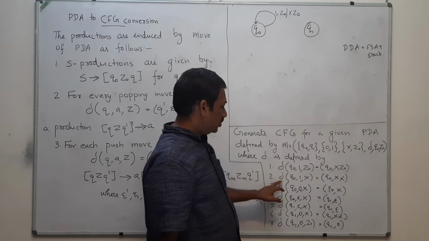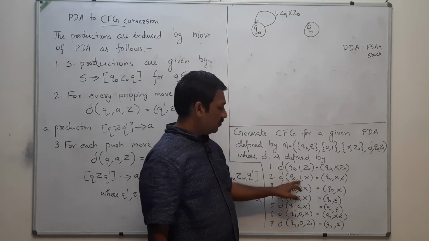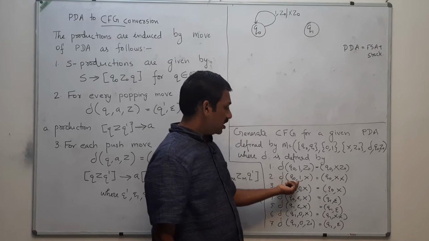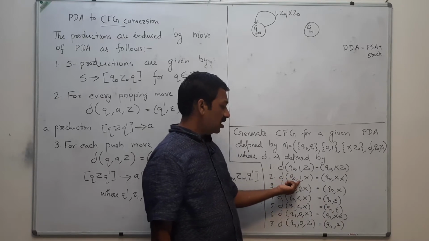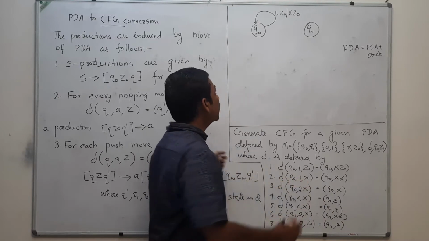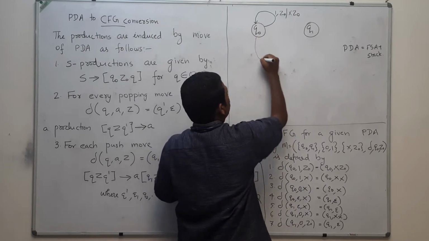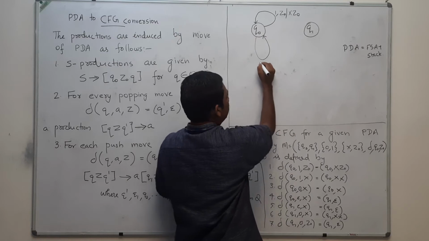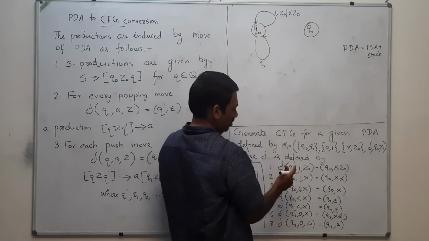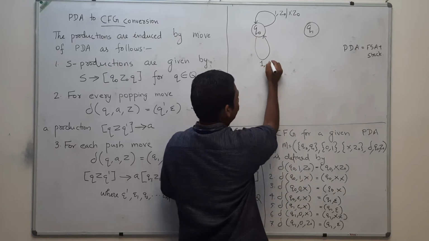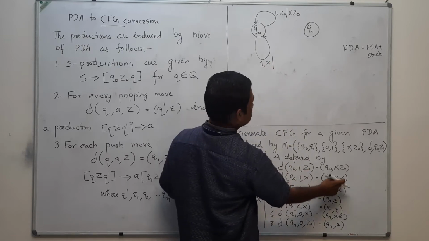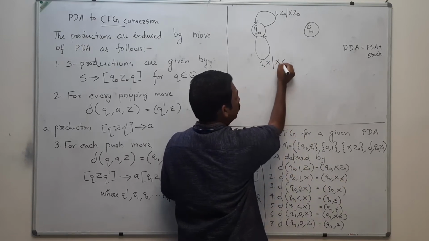Now the second rule, delta of Q0, 1, X equal to Q0, XX: if the input is 1 and the current top of the stack is X, then that is replaced by XX, which means you push X onto the stack.